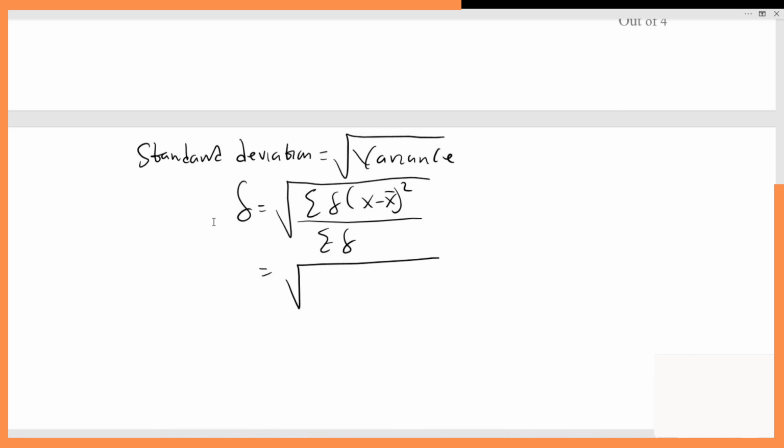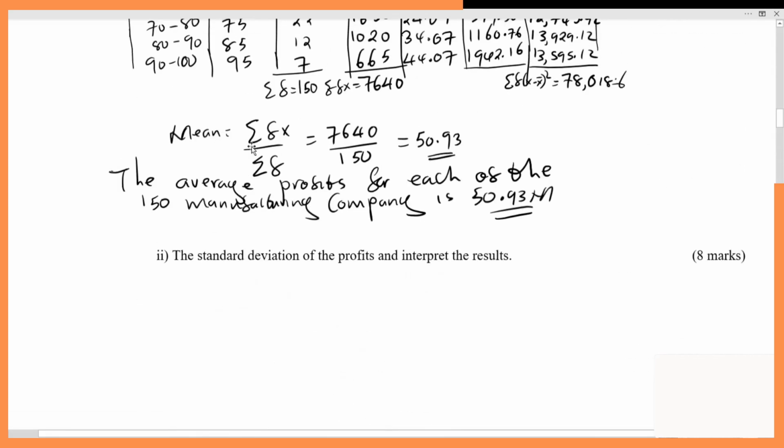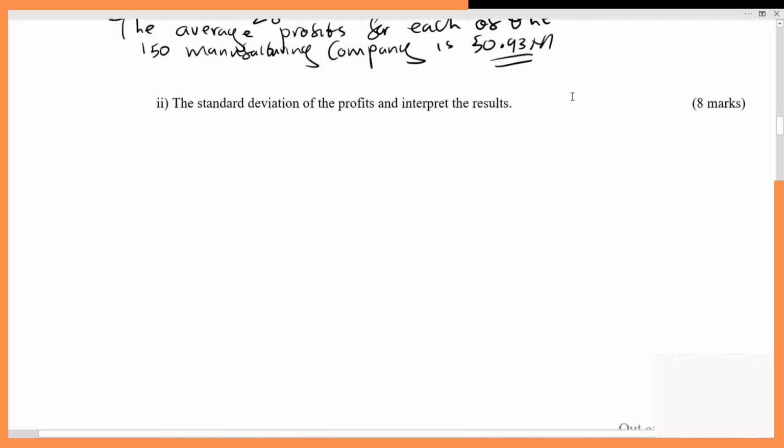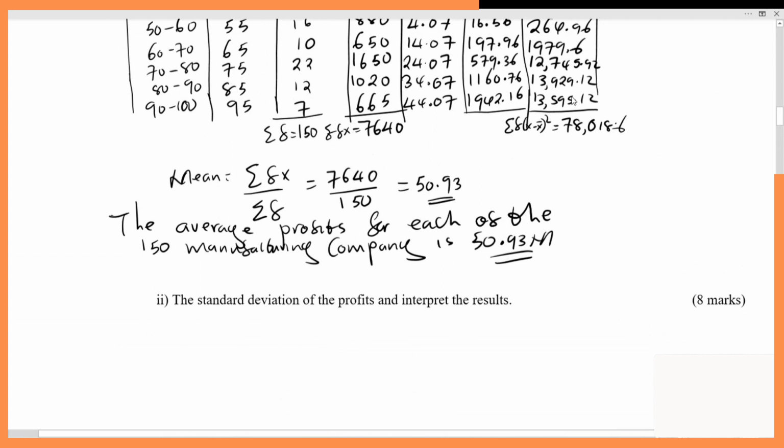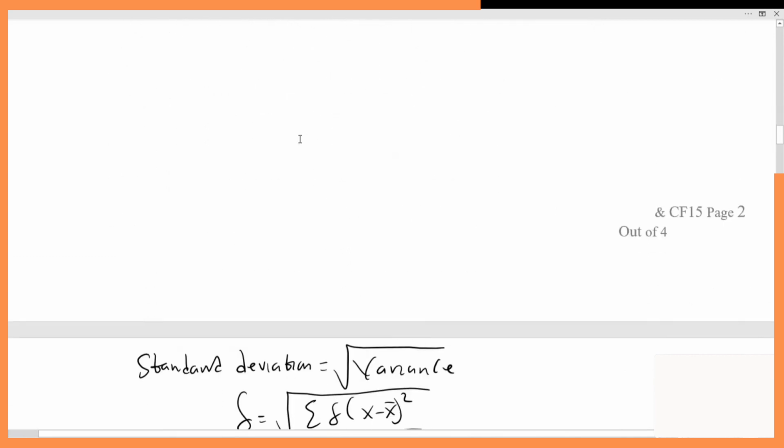I bring down the values. Summation of f into x minus x bar squared is 78,018.6. What was the total frequency? The summation of frequency here was 150.